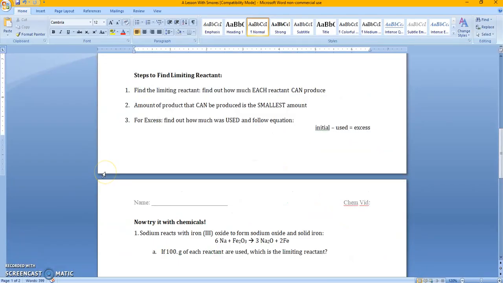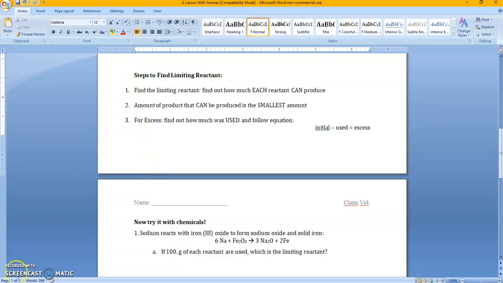So if you notice on your notes, I already have the first way to find an excess reactant outlined right here, 1 through 3. But I don't have the second one. So make sure you have the second one down somewhere, like down here.